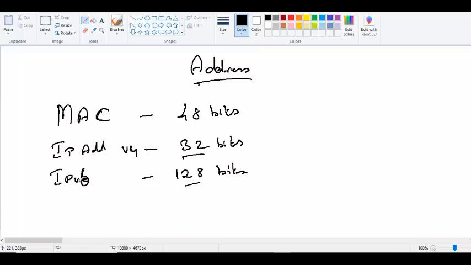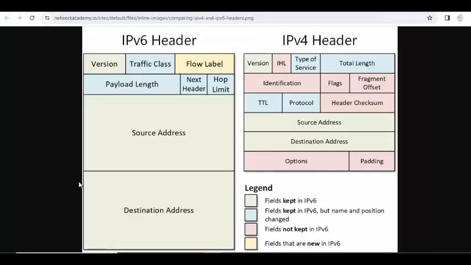Let me show you a picture. You see IPv6, how many fields do you see? You can easily count 1, 2, 3, 4, 5, 6, 7, 8 fields only. But you see in IPv4 how many fields you have. So the size of IPv4 is bigger than IPv6 here.